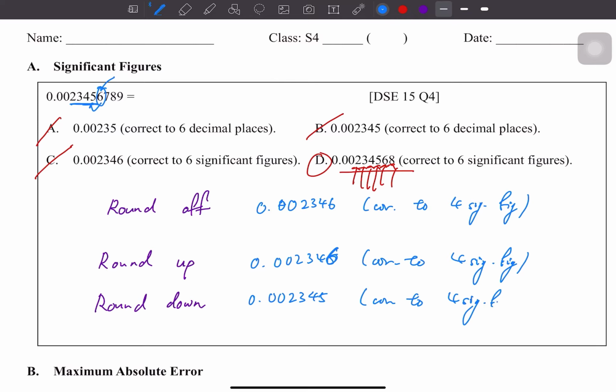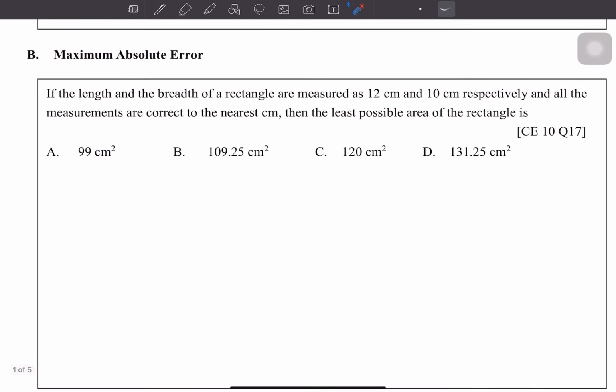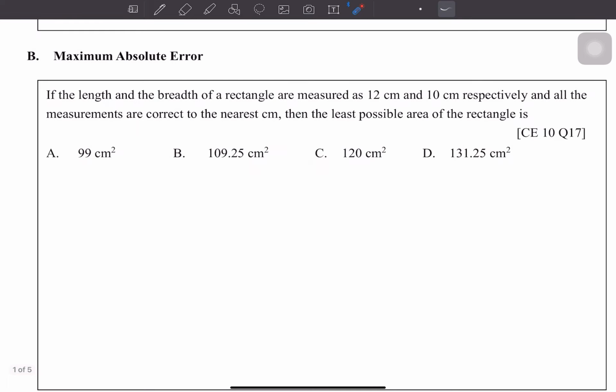If we try to round up, that means no matter whether the value of this term is 1, 2, 3, or 4, we also need to add 1 for the 4th significant figure. Round down means even if this number is greater than 6, we do not add 1 to this digit. The second thing you need to remember is the maximum absolute error.